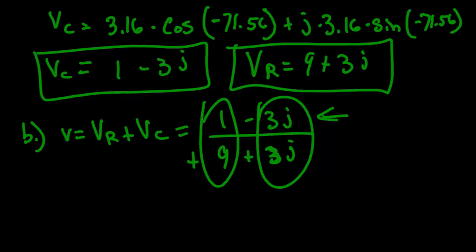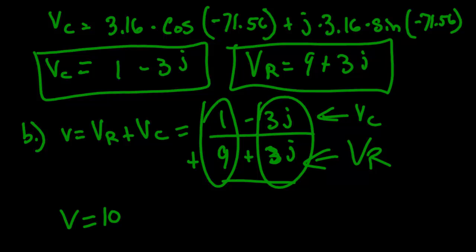So this one is VC, and this one right here is VR. So when we add up the real part, we get V equal to 10. Then we have a negative 3j plus a positive 3j, which is 0j.